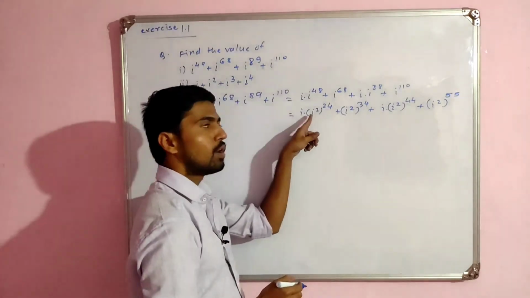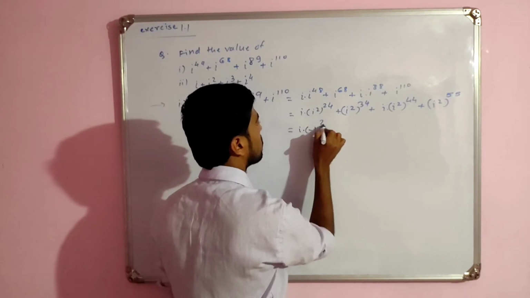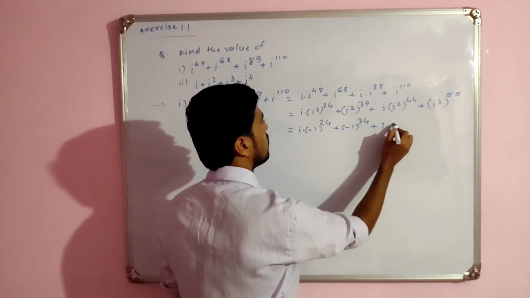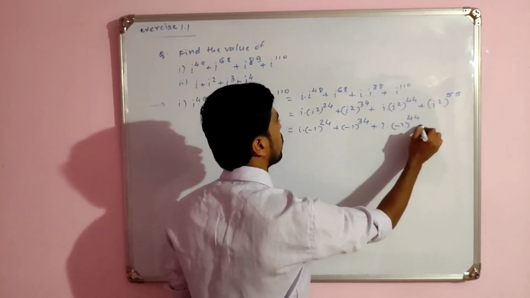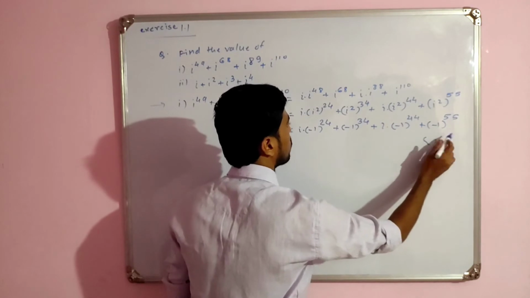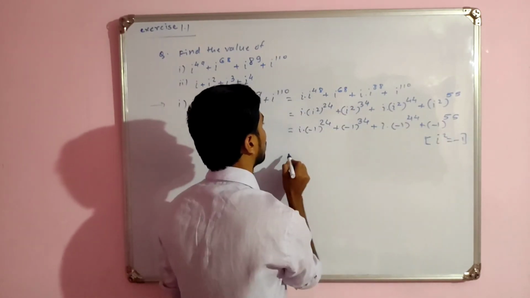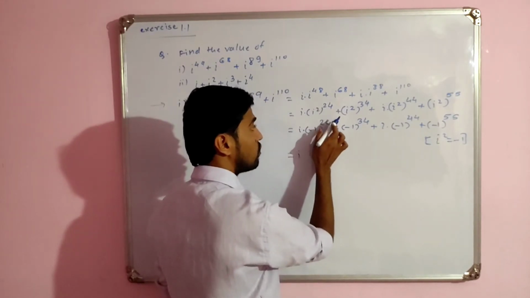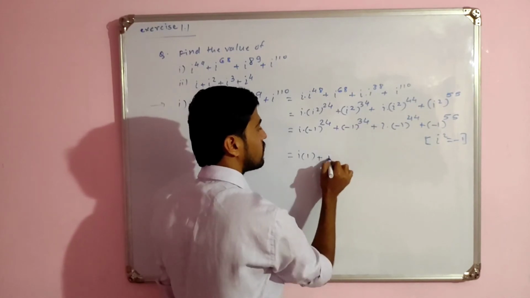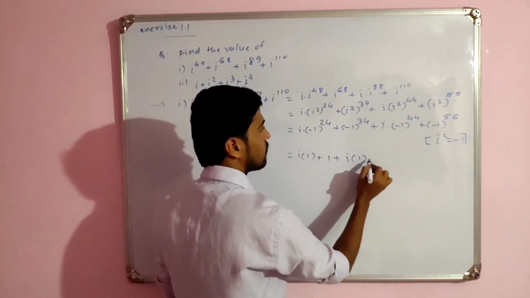We know the value of i² is -1, so we put that value here: (-1)^24 + (-1)^34 + i into (-1)^44 + (-1)^55. OK, -1 raised to even is +1, plus -1 raised to even is +1, plus i into +1, plus -1 raised to odd is -1.